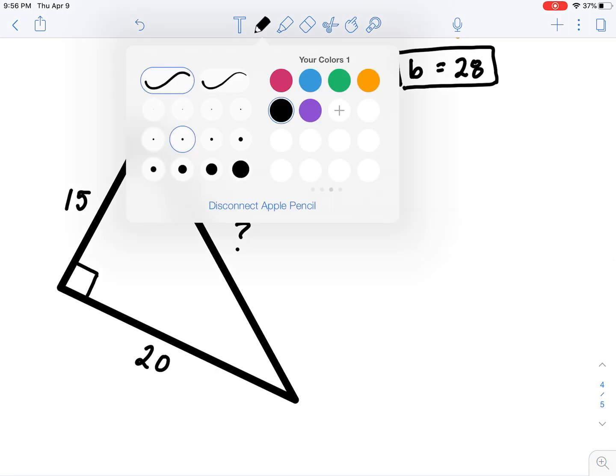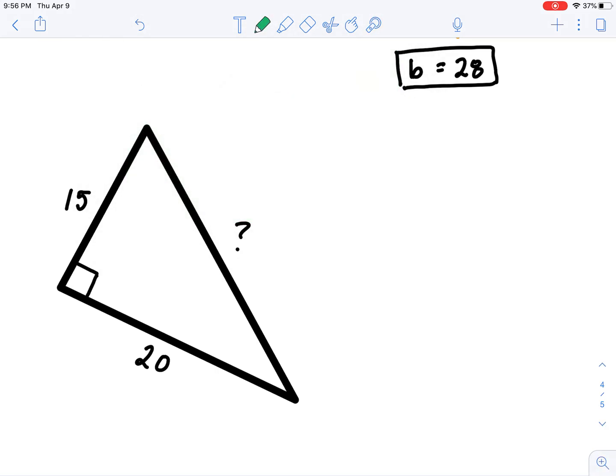Again, start by identifying A, B, and C. We're going to start with the hypotenuse, which is across from our right angle. So there's our C, and then we can pick whatever we want for the other two. I'm going to choose 15 to be A and 20 to be B. All right, let's write down our formula. A squared plus B squared equals C squared.